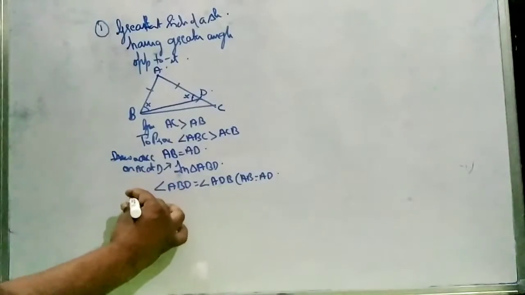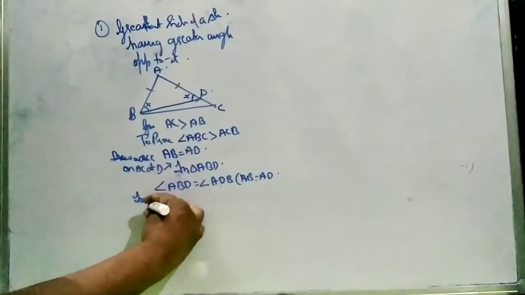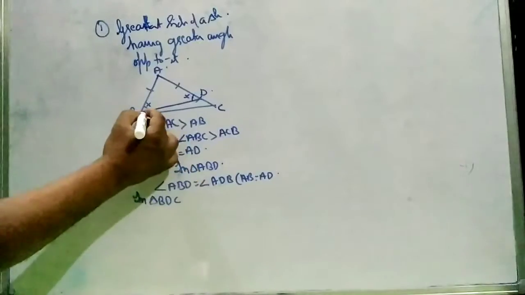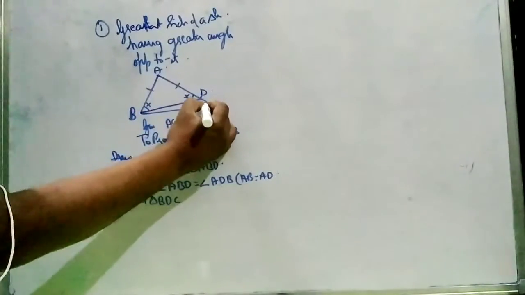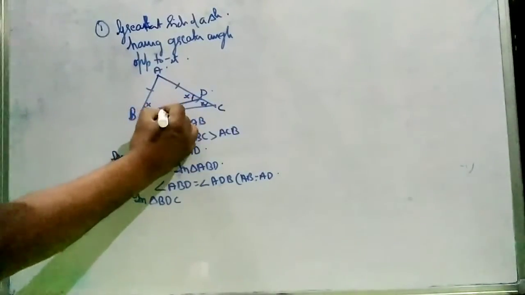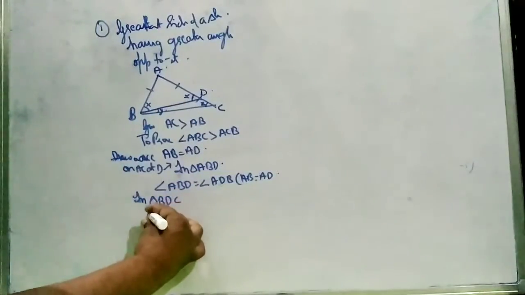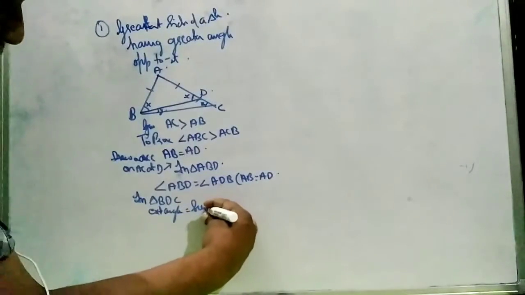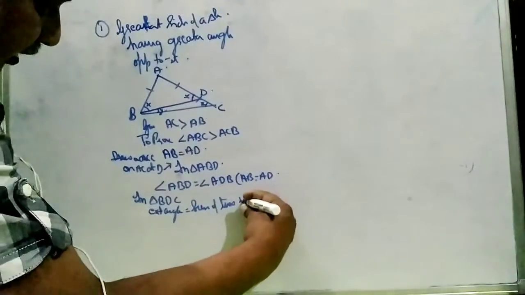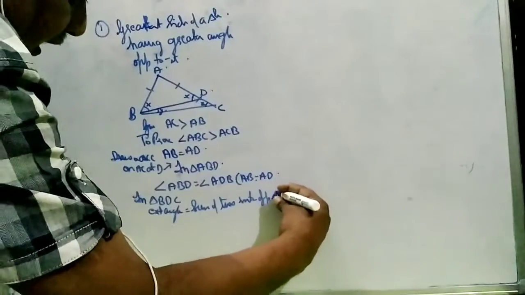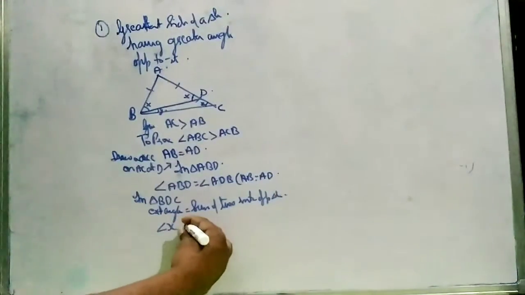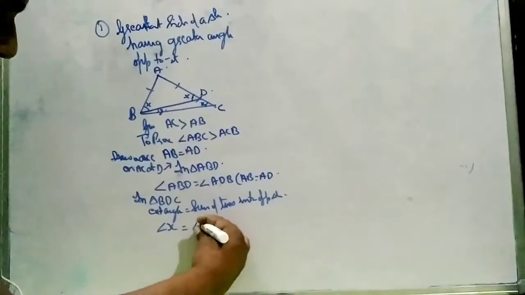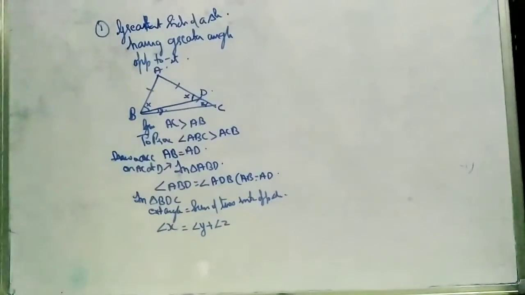Now, in triangle BDC, if you consider this as z and this angle as y, the exterior angle is equal to the sum of the two interior opposite angles. It means angle x is equal to angle y plus angle z.